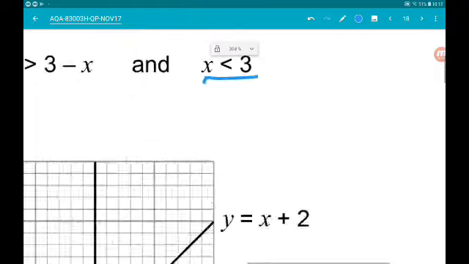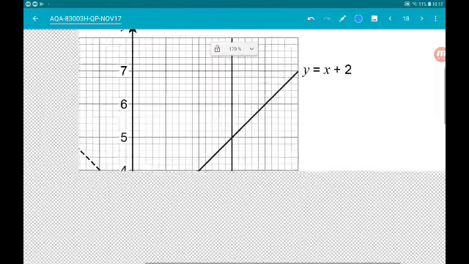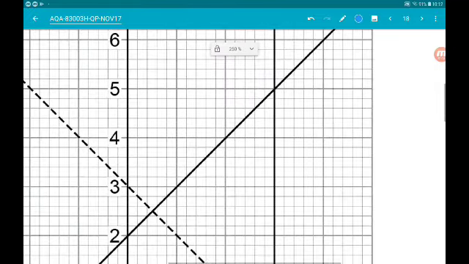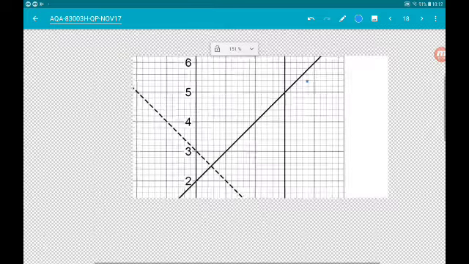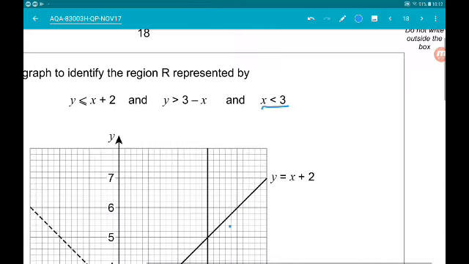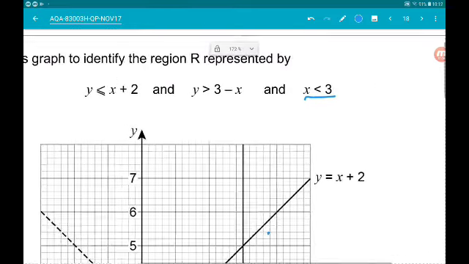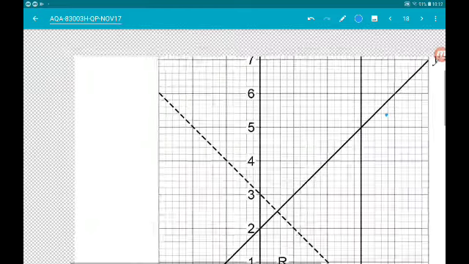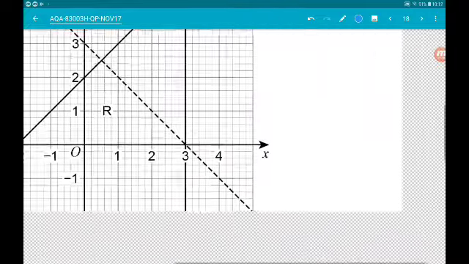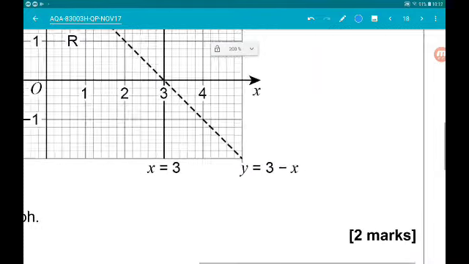So we want x to be less than 3, so that's everywhere to the left of the vertical line. We want y to be greater than 3 minus x. So 3 minus x is this line here.